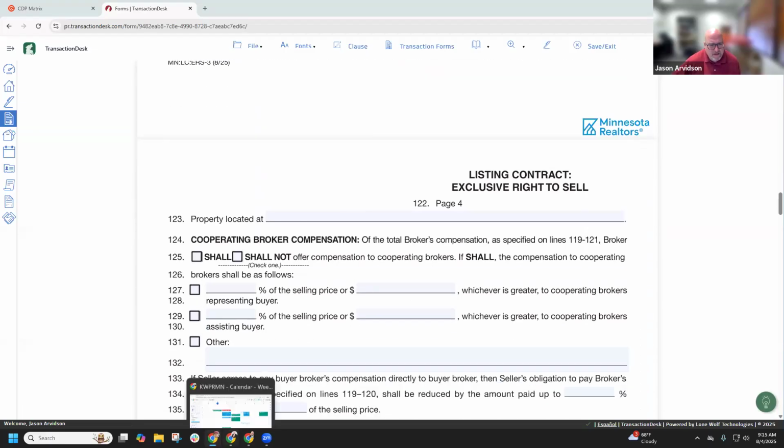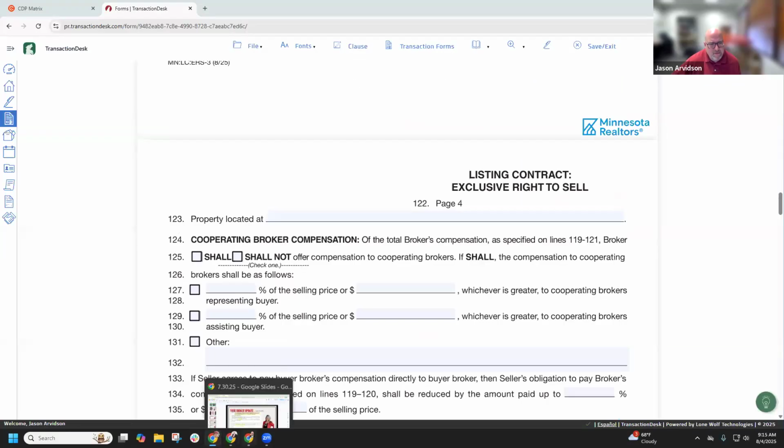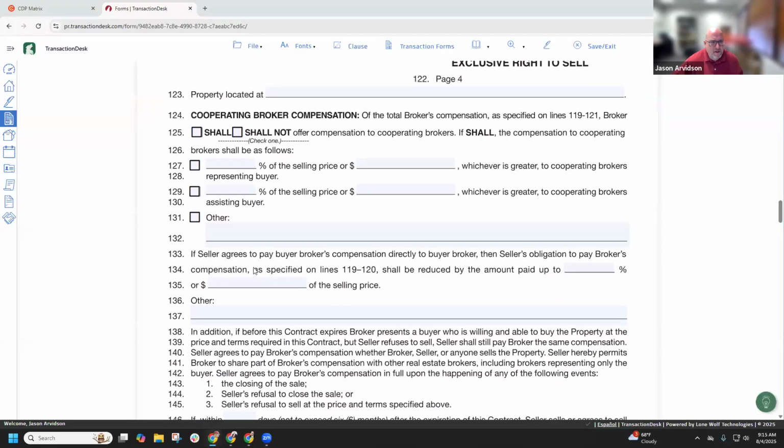And then here, I think we move back to 133. If the seller agrees to pay buyer's broker compensation directly to buyer broker, then seller's obligation to pay broker's compensation shall be reduced by the amount paid up to blank or blank of the selling price.